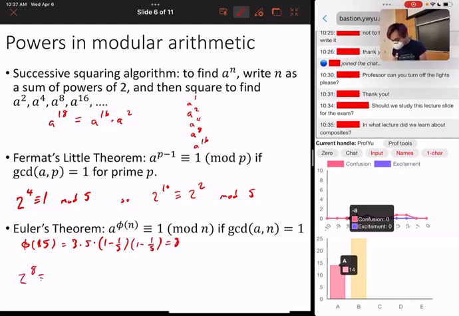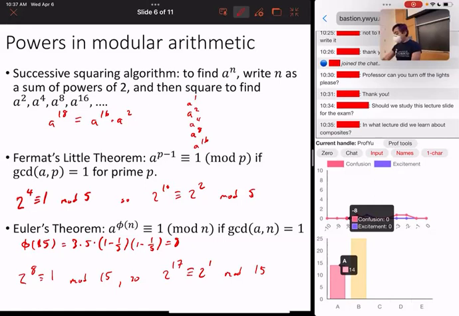And so 2 to the 8 is congruent to 1 mod 15. So 2 to the 17 is congruent to 2 to the 1 mod 15. Okay, so you can just multiply by 2 to the phi of n, or add that to your exponent.